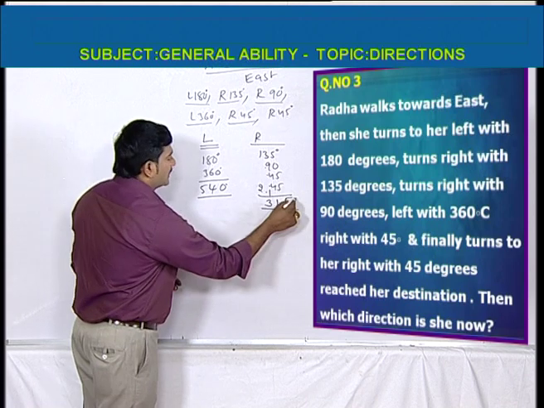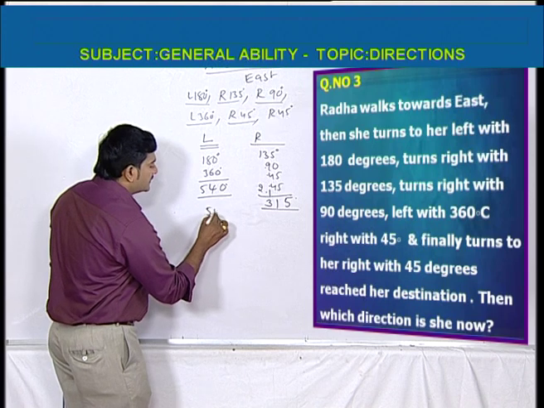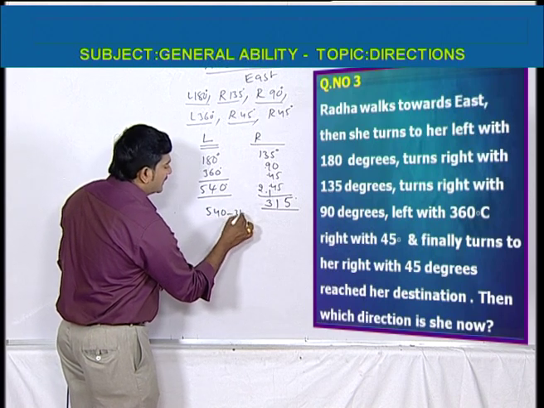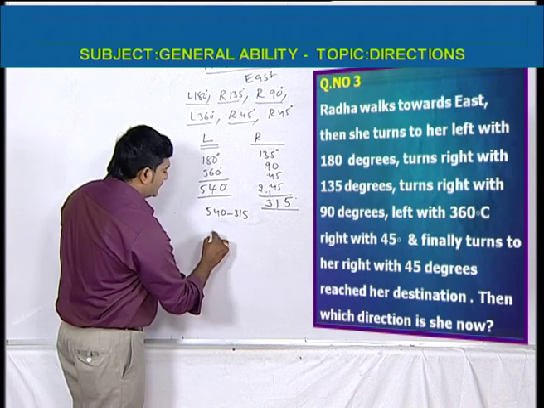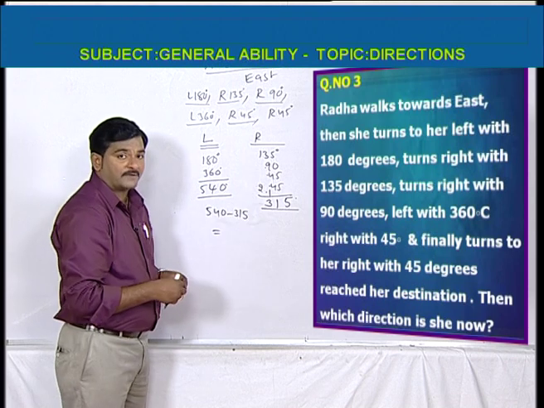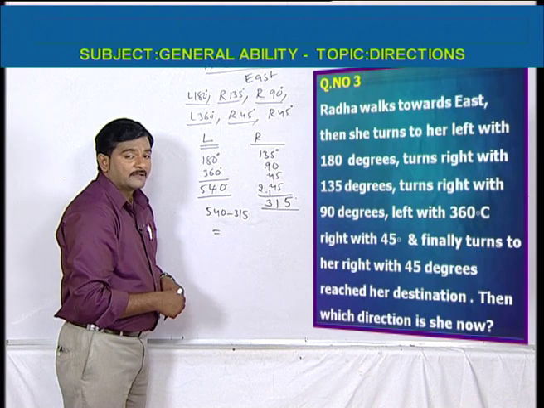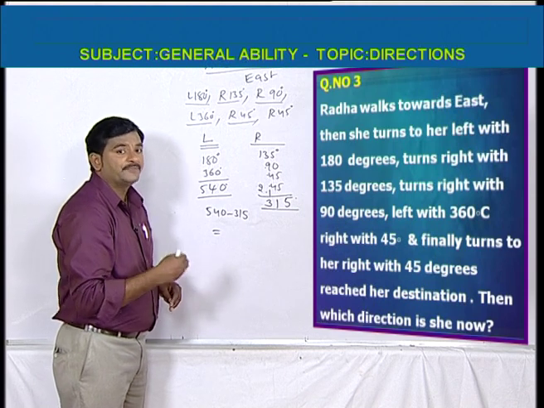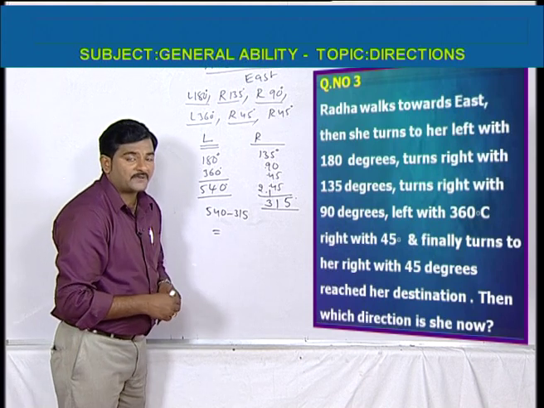Now you have to find the difference between these two angles. So 540 degrees minus 315 degrees. Without using pen and paper we'll simplify this. Forget about 40 and 15. 500 minus 300 is 200. And 40 minus 15 is 25.